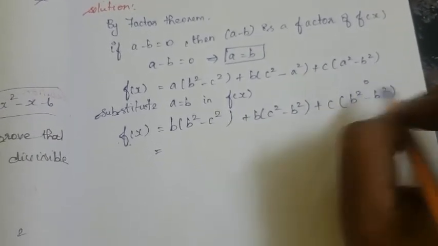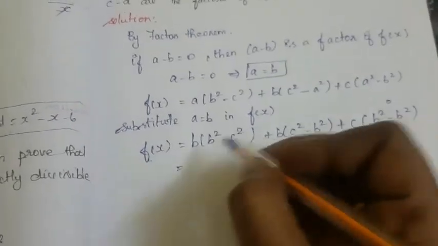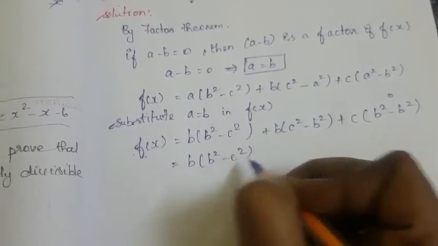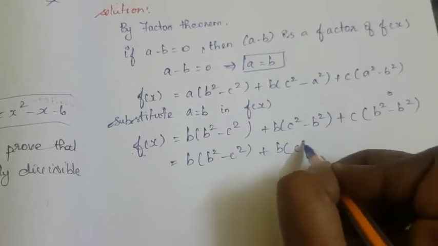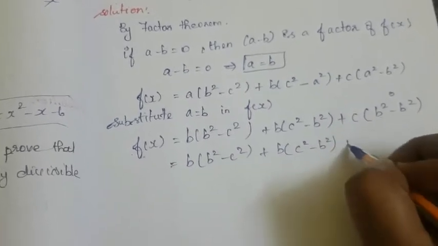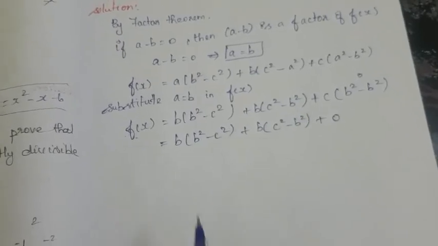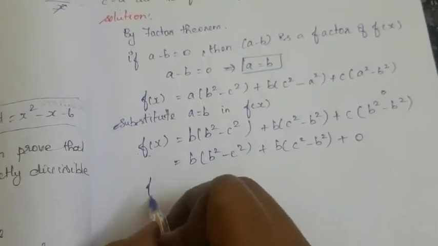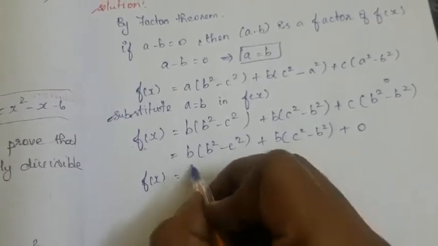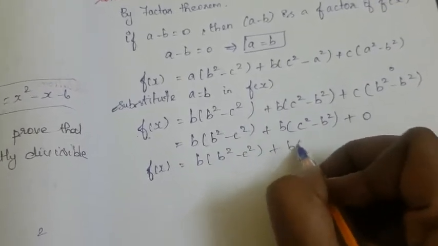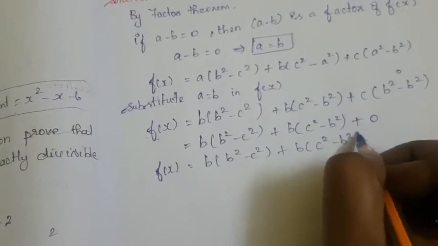So this we are going to reject. This can be written as b into b squared minus c squared plus b into c squared minus b squared plus 0. So now f of x is equal to b into b squared minus c squared plus b into c squared minus b squared.